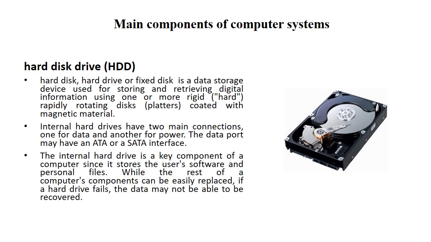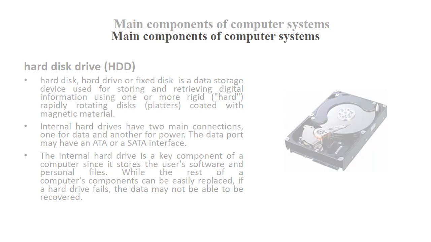The internal hard drive is a key component of a computer since it stores the user's software and personal files, while the rest of the computer's components can be easily replaced. If a hard drive fails, the data may not be able to be retrieved.